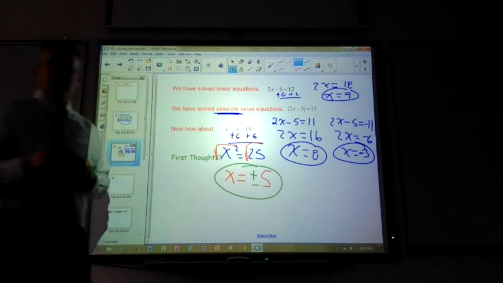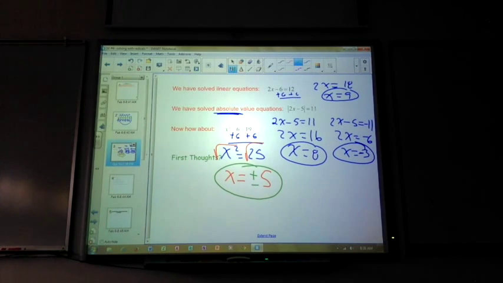So look at this. When I take the square root of both sides, it's similar to taking the absolute value.